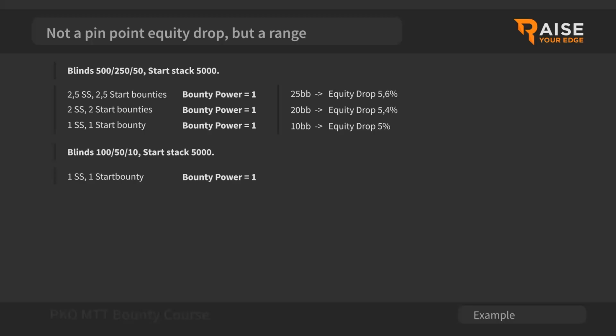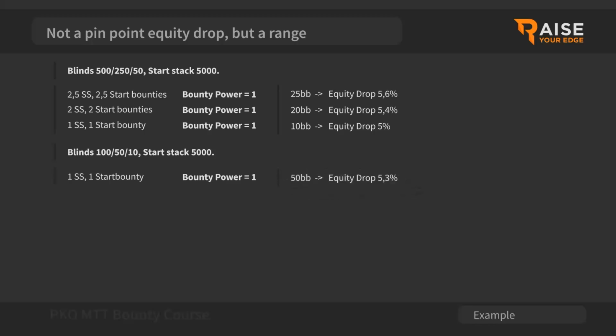So the bounty power is 1. In this case we are looking at a 50 big blind jam scenario where a 50 big blind stack is jamming. If we do the calculation again, we end up with an equity drop of 5.3%.